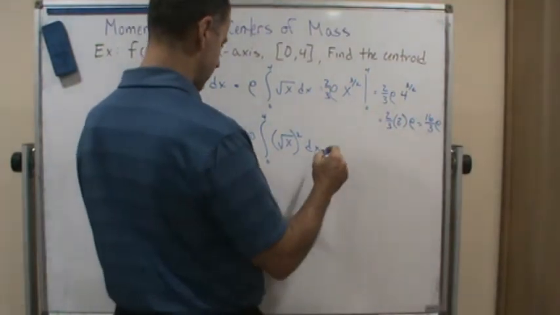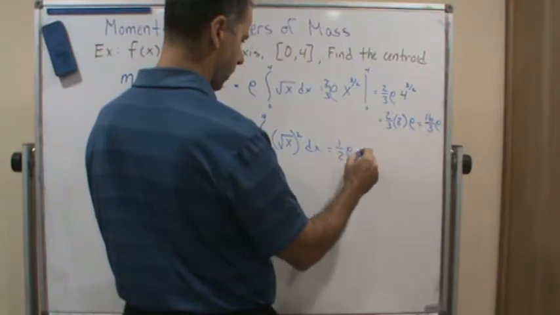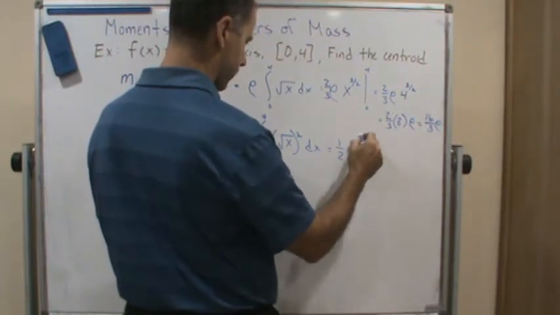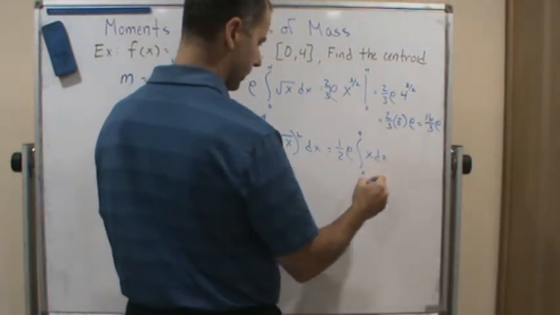And so what does this give us? This becomes 1/2 rho times the integral from 0 to 4, and this is just going to become x dx.